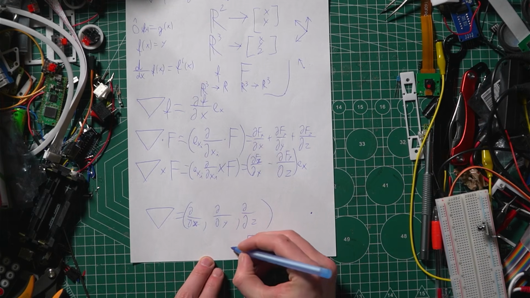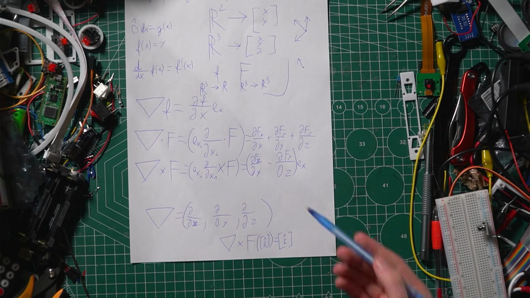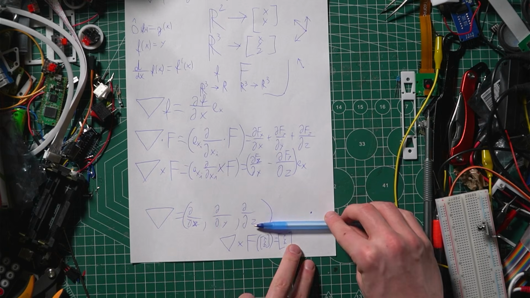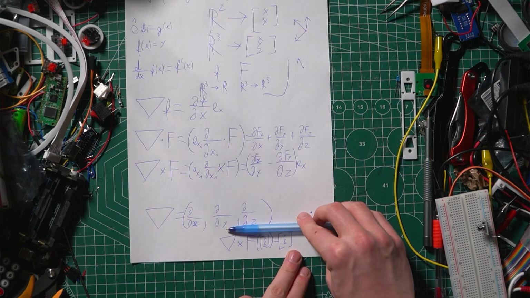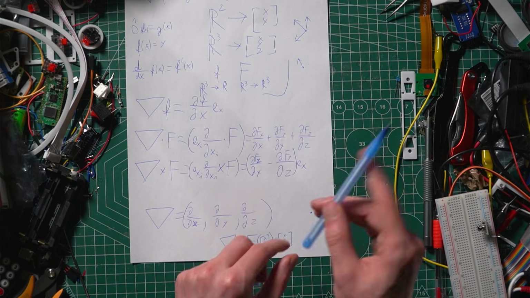But now let's say that you take the del cross that function. Oh, what happens now? Well, let's think about it. What does this derivative tell us? This derivative tells us once we take a step in the y direction, how much the z direction is changing. And for the sake of convenience, I'm going to flip it so that x will be pointing upwards. Now you'll see y in a second.